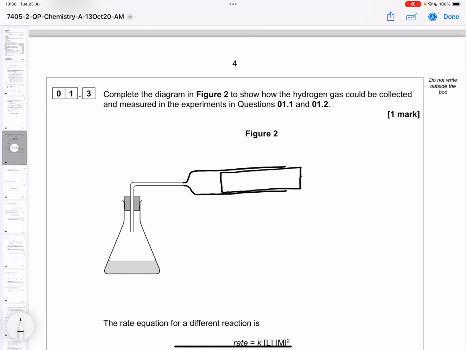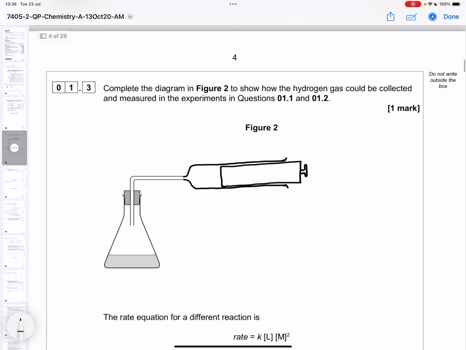And that's got our syringe end on it. So this is our conical flask. This is a syringe.